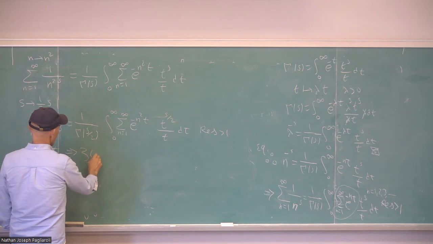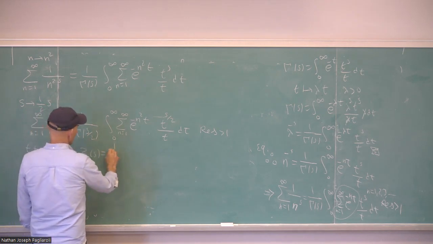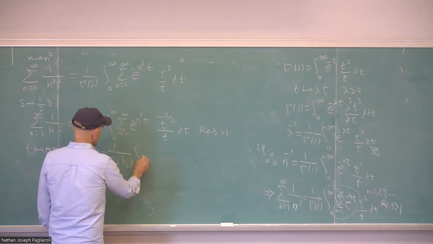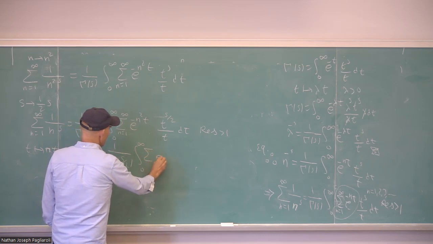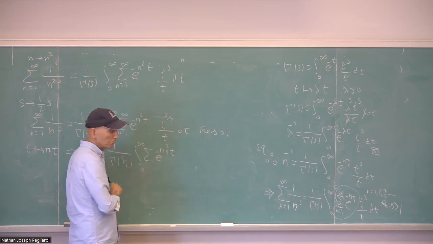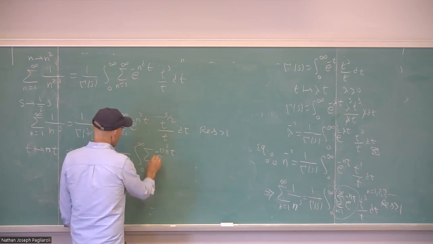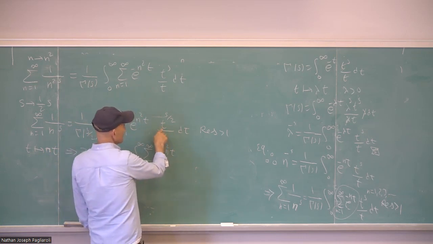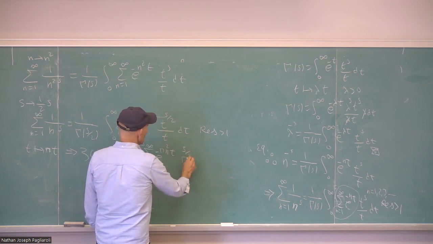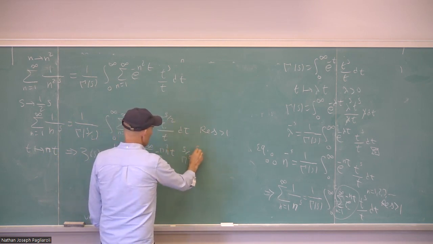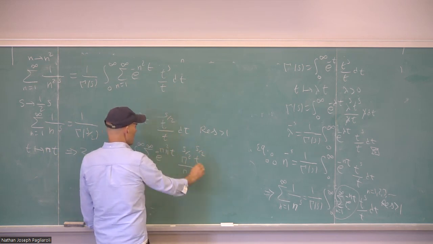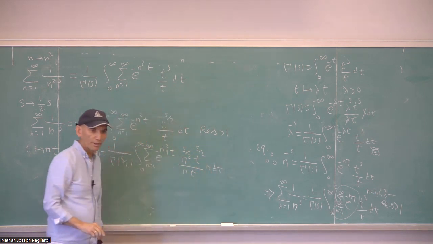So I get zeta of s equal to 1 over gamma of s over 2, integral from 0 to infinity, sum of exponential of minus pi n squared t, n from 1 up to infinity. Now here, t to pi t, so pi to the power s over 2, t to the power s over 2, and dt goes to pi dt, right? You're okay? Yeah.